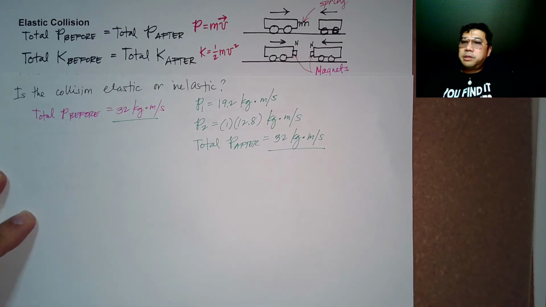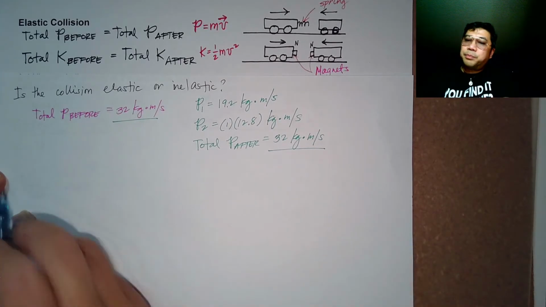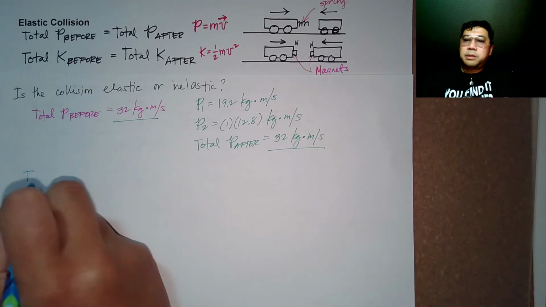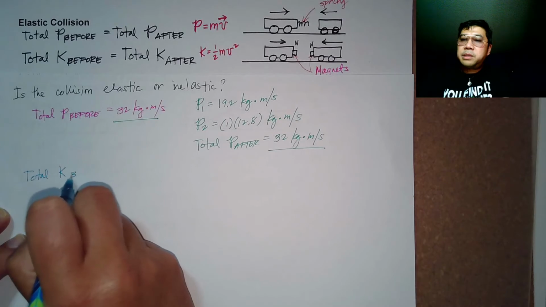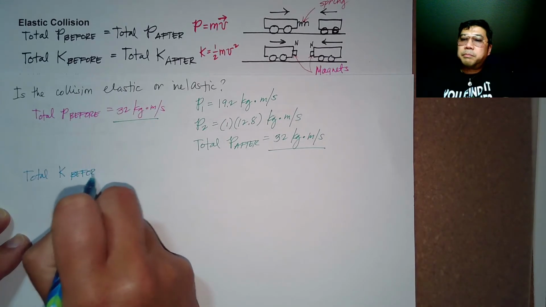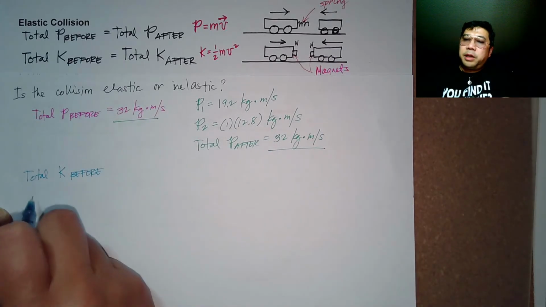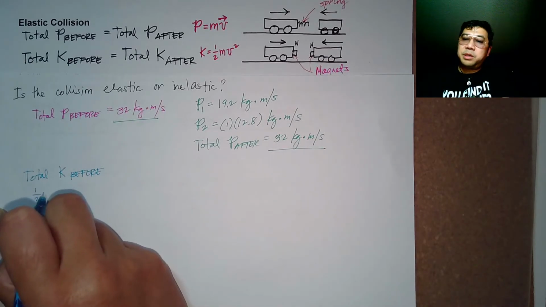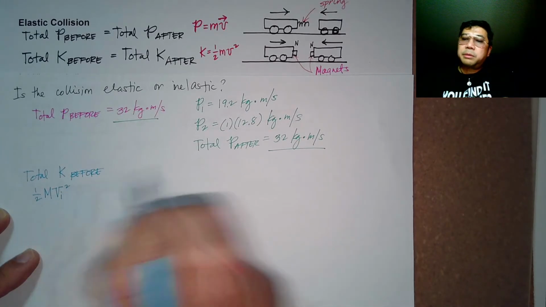the kinetic energy for the entire system. So let's write down the equation for the total kinetic energy before the collision. Let's plug it in. Kinetic energy is 1/2 m v squared, which is mass times the initial velocity squared.